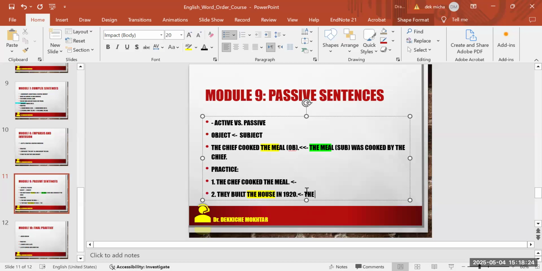So we begin with it: the house was built in 1920. This became the subject of the passive sentence.